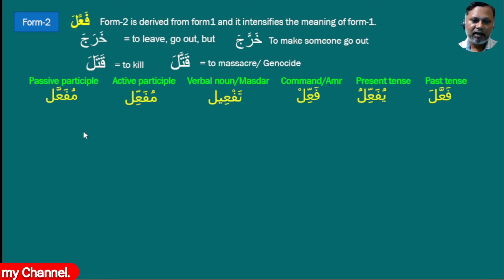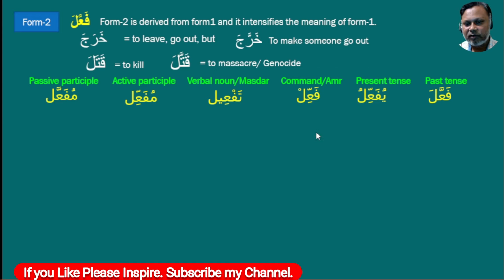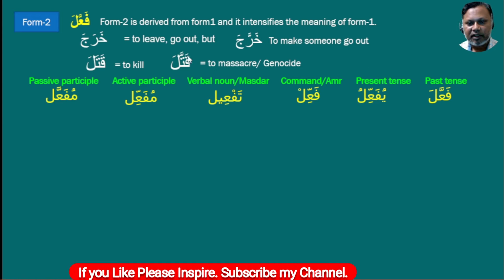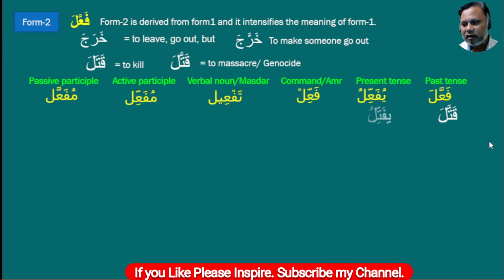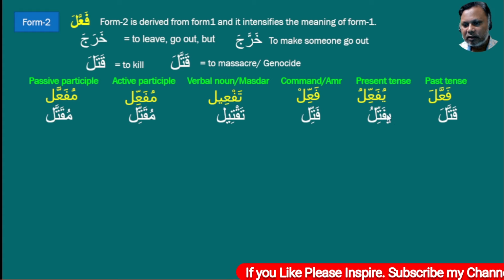This is the formula. Now if we put the 3 letters of kattala into these 6 formulas, we will get the required variations of kattala. Like kattala, yukattilu.